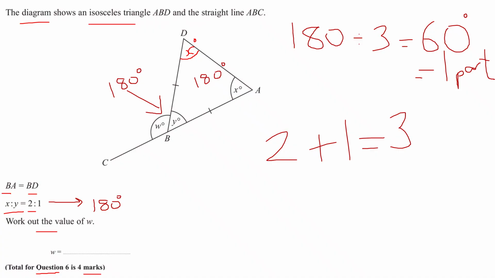So x to y is 2 to 1, so x is double y. If one part is 60, which is y, then x has to be double that, which is 120.